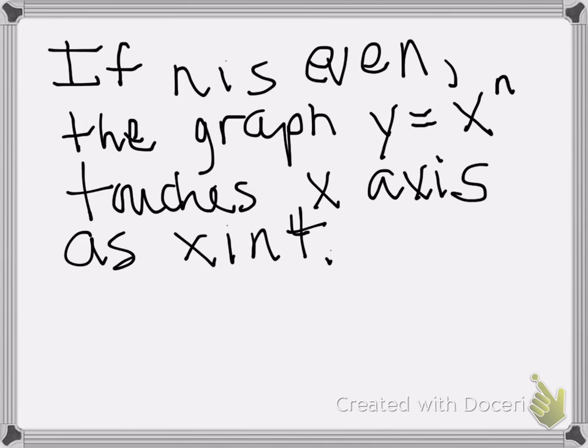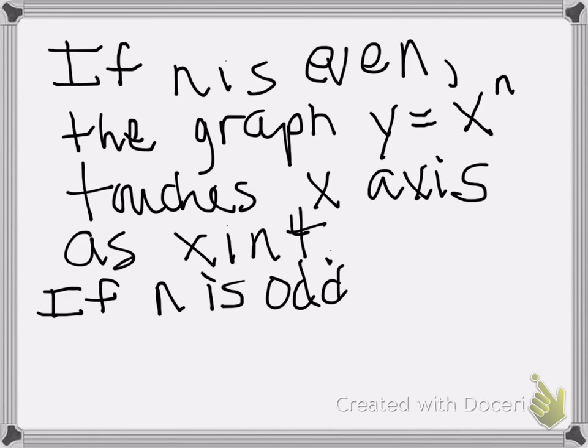Okay? Then, if n is odd, then the graph crosses the x-axis.